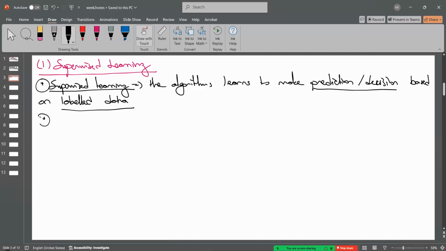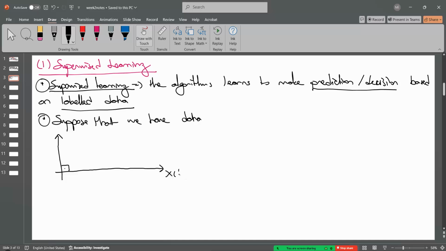Okay? In order to understand this concept, we need to suppose that we have a data distribution, just like this one. For example, we can draw these axes here at a right angle. Okay? And x is the feature, and y is the output. We can measure any data here just like this, and we want to build a model to predict the whole data for given x values.